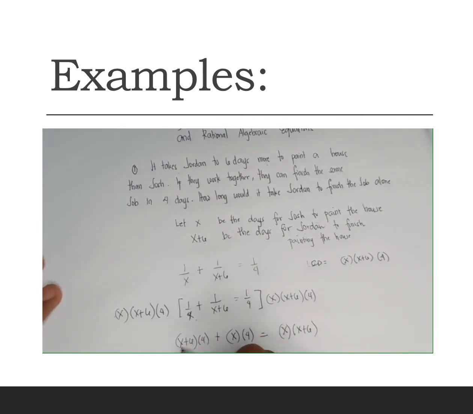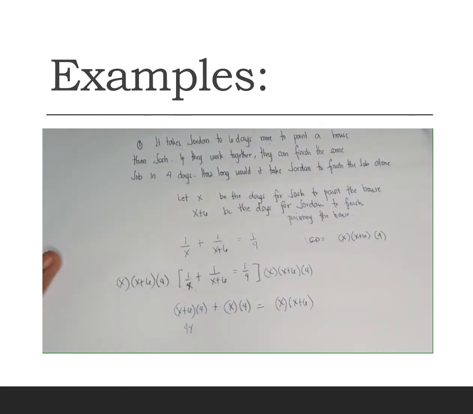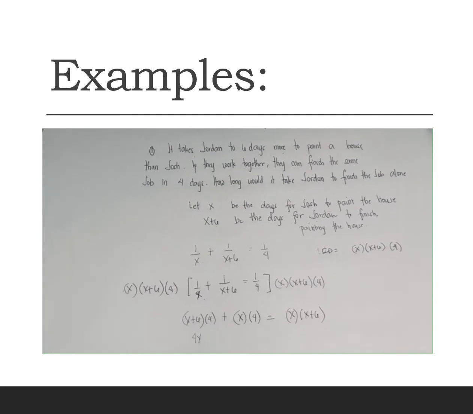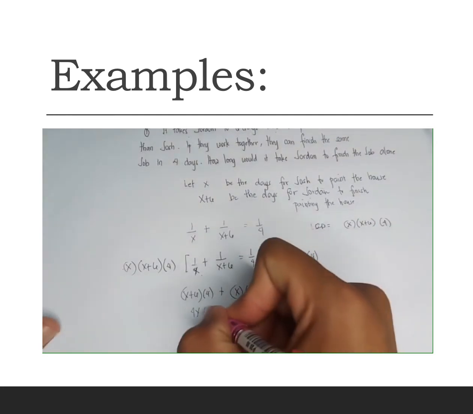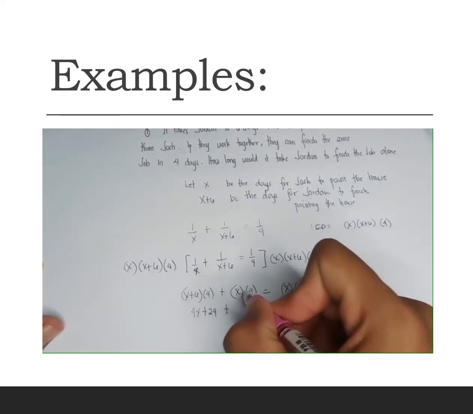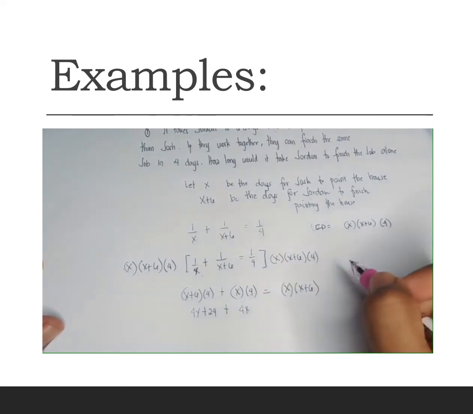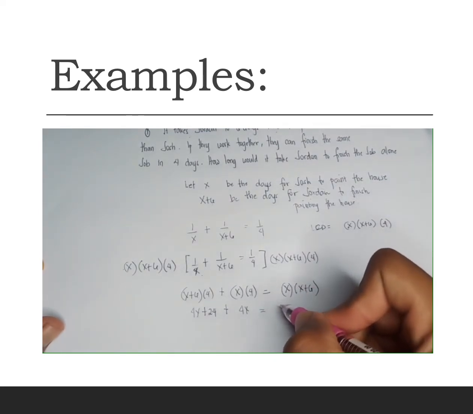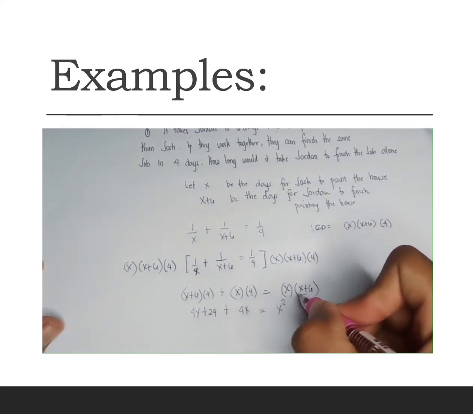On the resulting equation, we have to simplify. So 4 times x is 4x. 4 times 6 is equal to 24, plus 4 times x is 4x, which is equivalent to x times x, x squared.